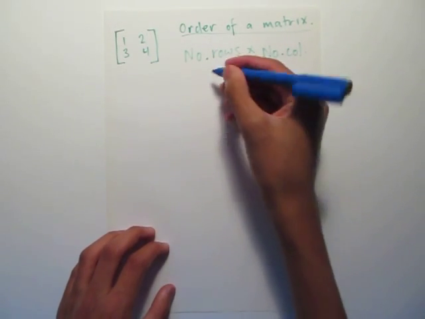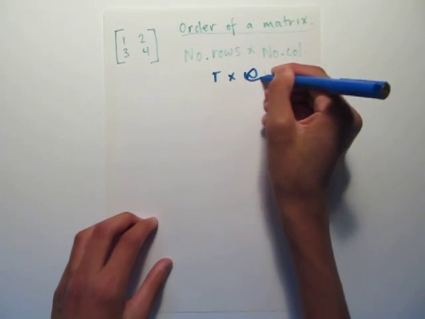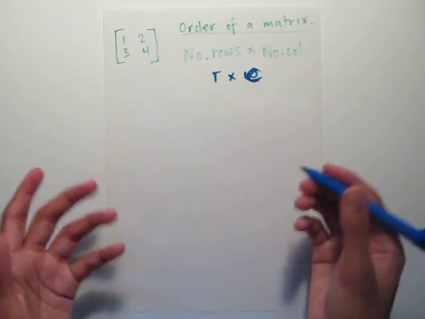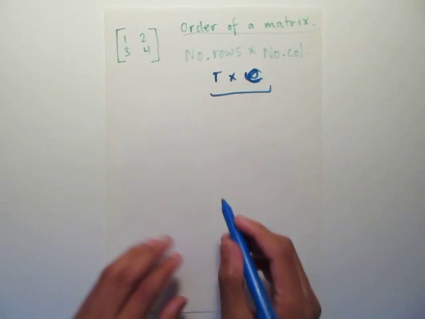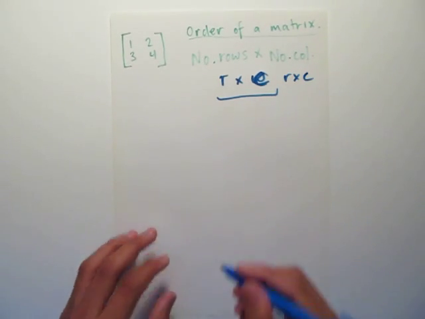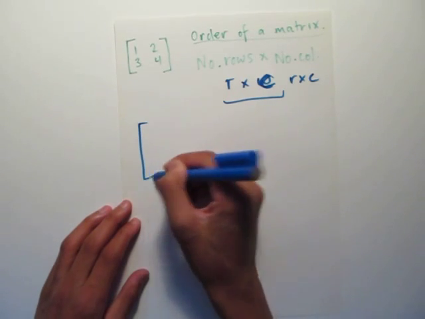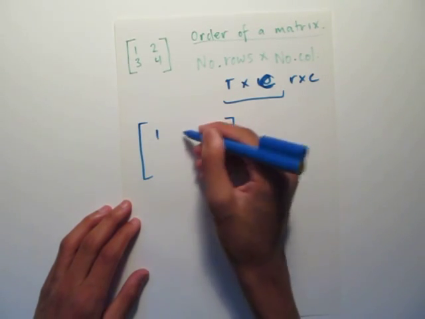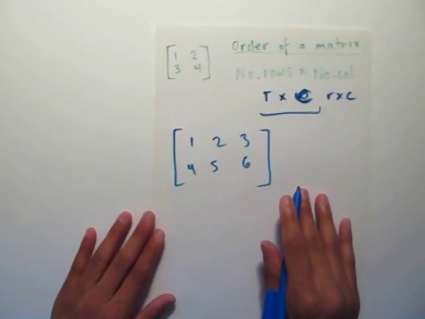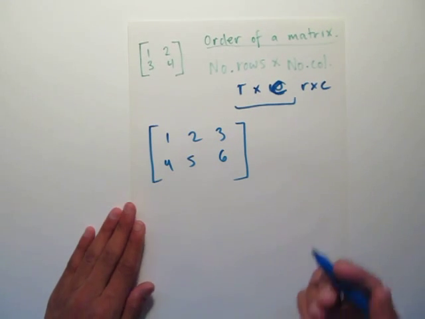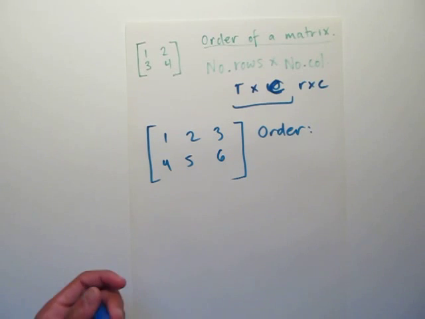So this would be just R times C. You don't multiply the actual numbers, you just leave it in this form here. So R times C. I can give you an example. If you're given this matrix here and you're told to find the order, you would do it as the following.